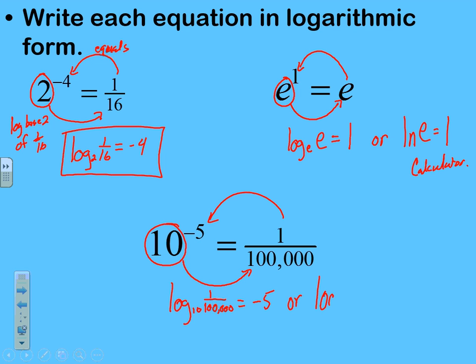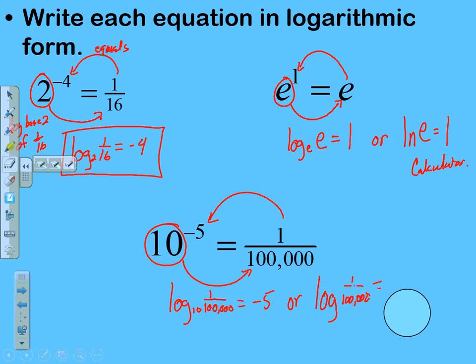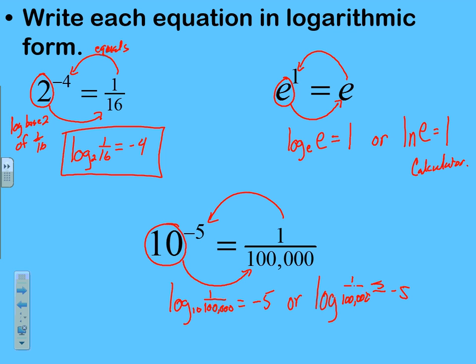We would just say log of 1 over 100,000 is equal to negative 5, because it's understood that if you write just log with no base, it's implied that the base is 10, because that's the common log.